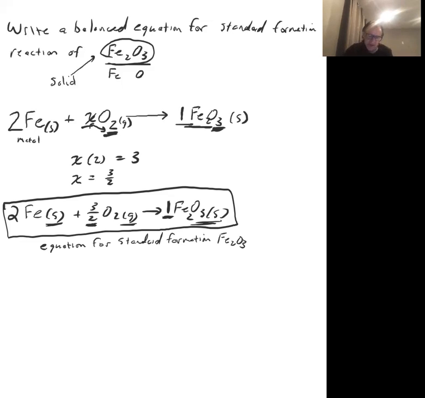Okay. So now the reason that we go over that is because it turns out the delta H values for those types of equations are used in the Alex data tab. When you go through the Alex data tab, you're going to be able to look up standard heats of formation.